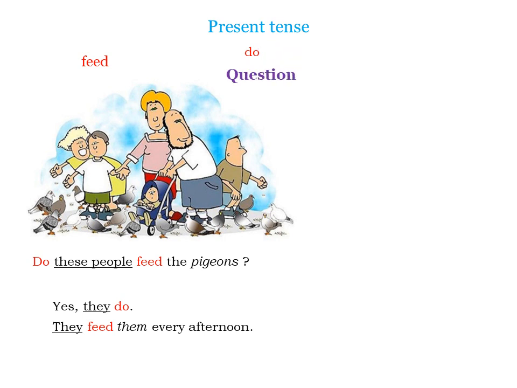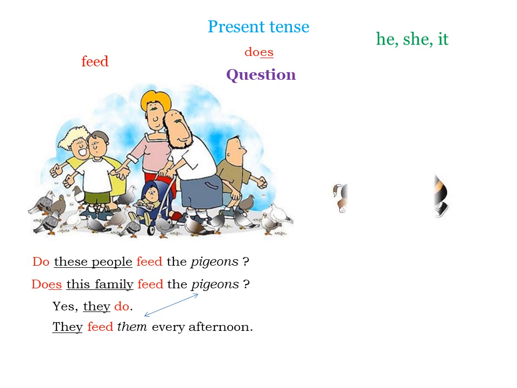For a question with third person, he, she, or it, we use the verb do and we add es, does. These people are one family, so we have, does this family feed the pigeons? Yes, they do. They feed them every afternoon.